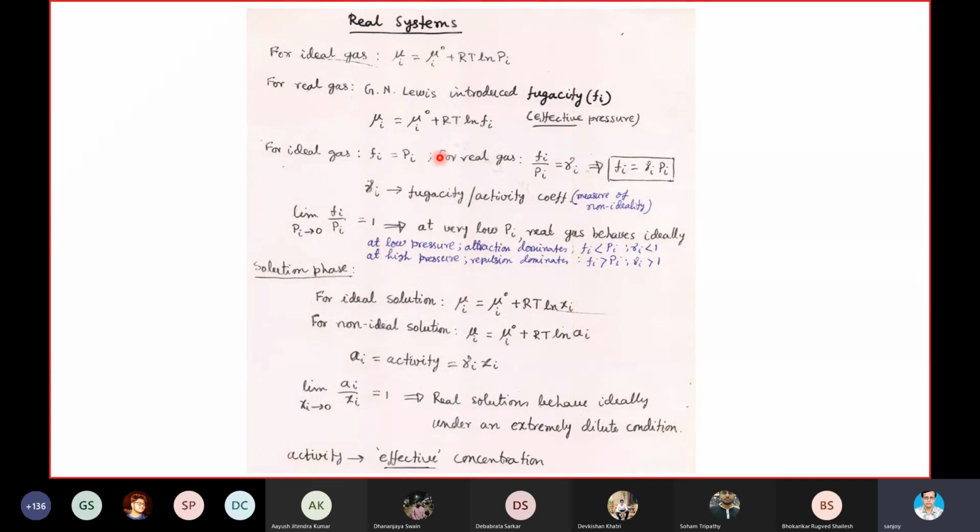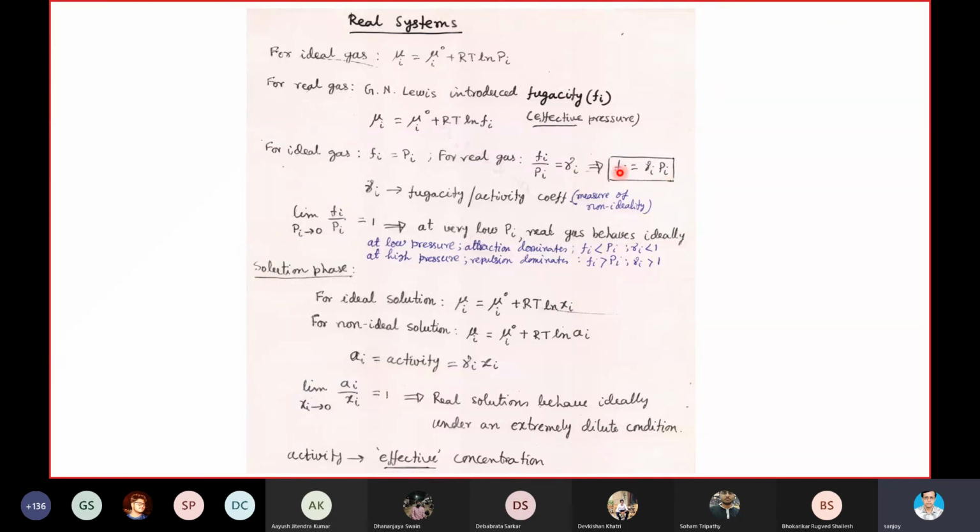For ideal gas, of course, F equals P, because there is no interaction between the particles, so you get the same expression. But for real gas, F and P are not identical. If they are identical, it's an ideal gas situation. So the ratio, gamma, is not equal to 1 for real gas. Or you can write it like this: F is simply gamma times P_i.